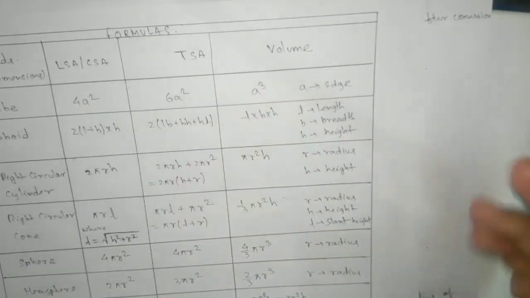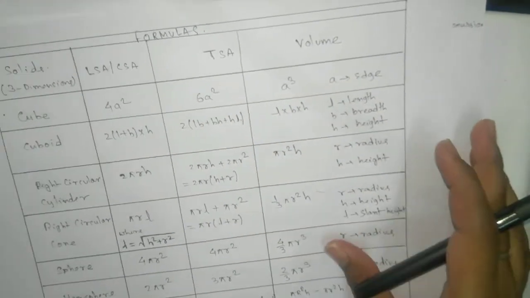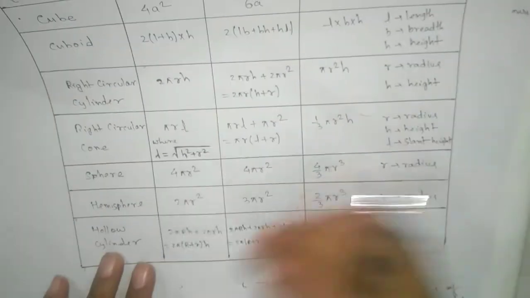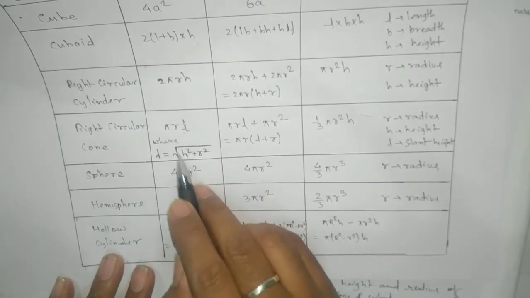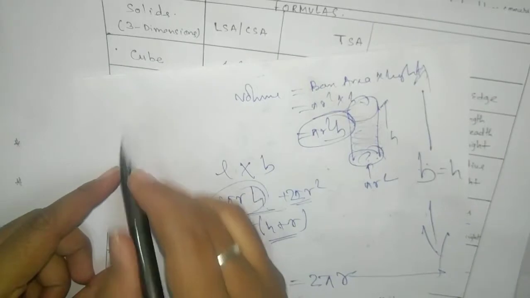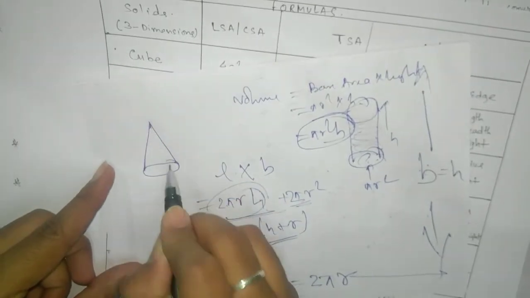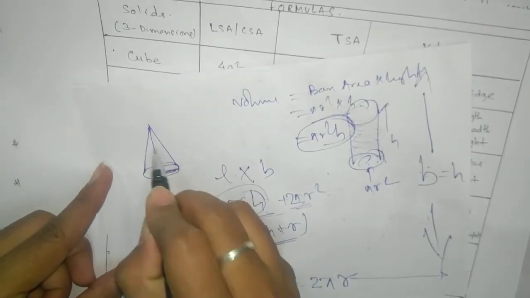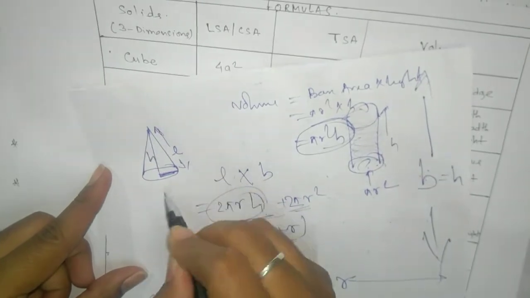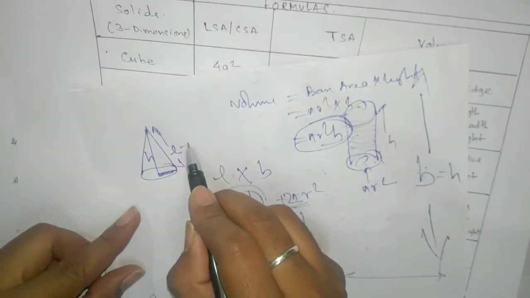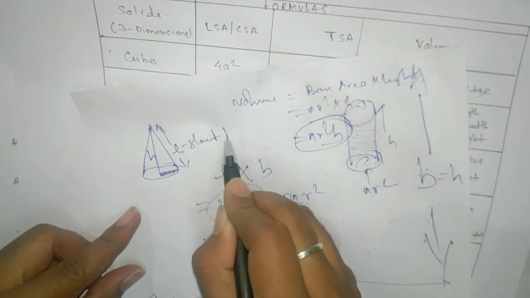This is the volume of a right circular cylinder. Next, if you see the cone, here we have pi r l, and here l is slant height, root over this one. If you take the cone, this is your height and this part is your length. That is not length, we call it slant height.